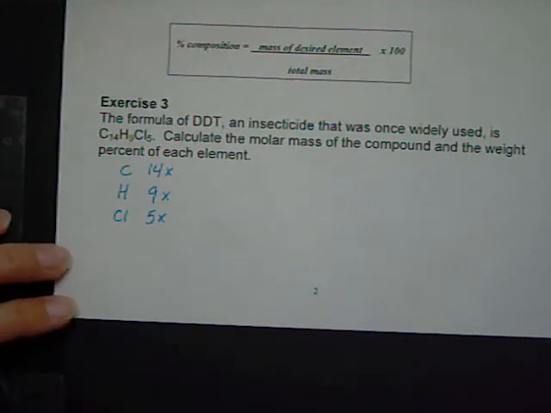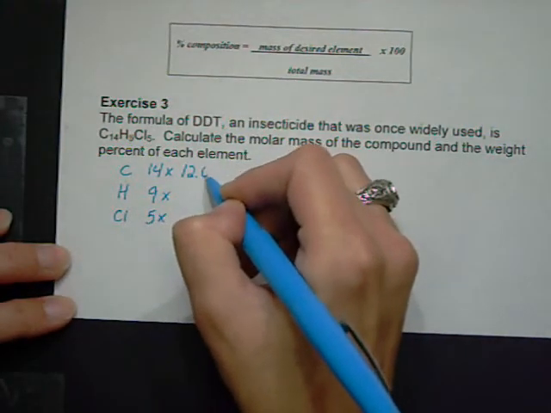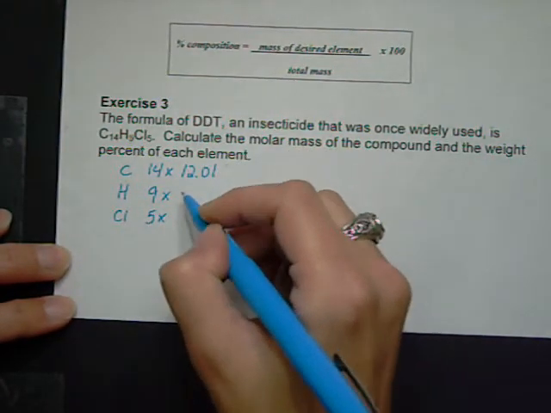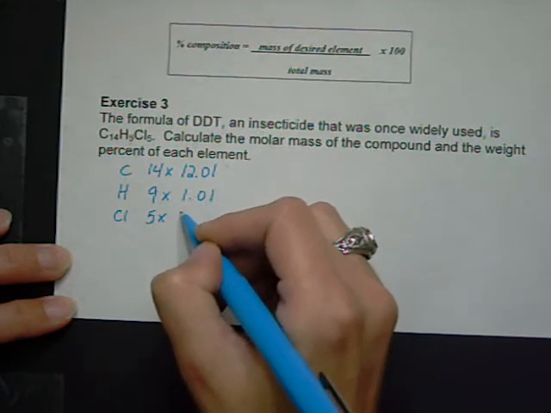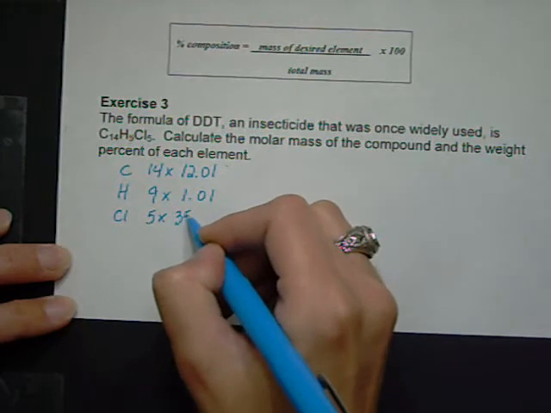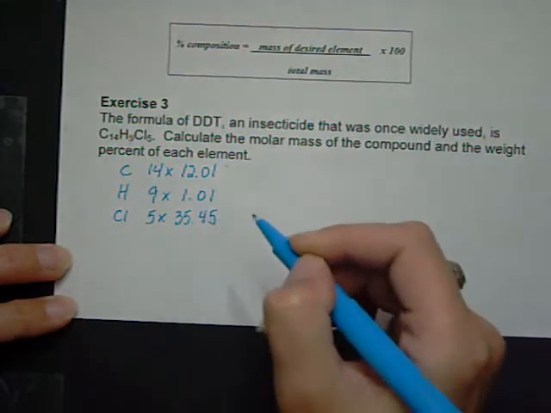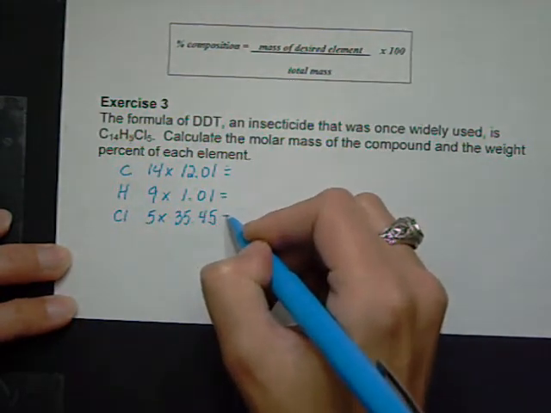Then I can go to the periodic table and include my atomic masses. Chlorine is 3. And then I can multiply each of these and add them up.